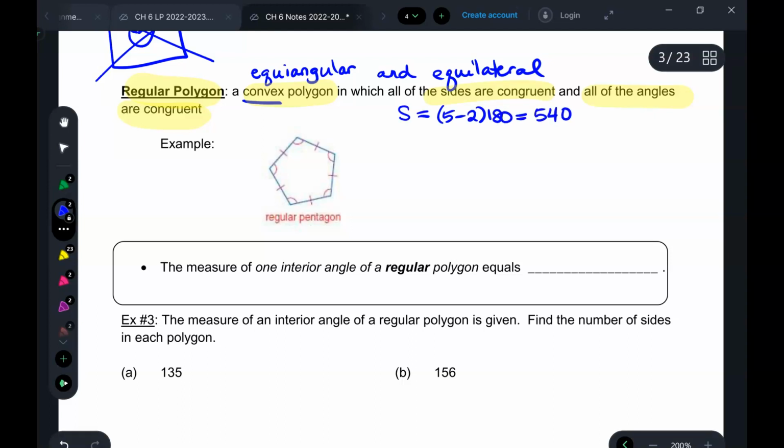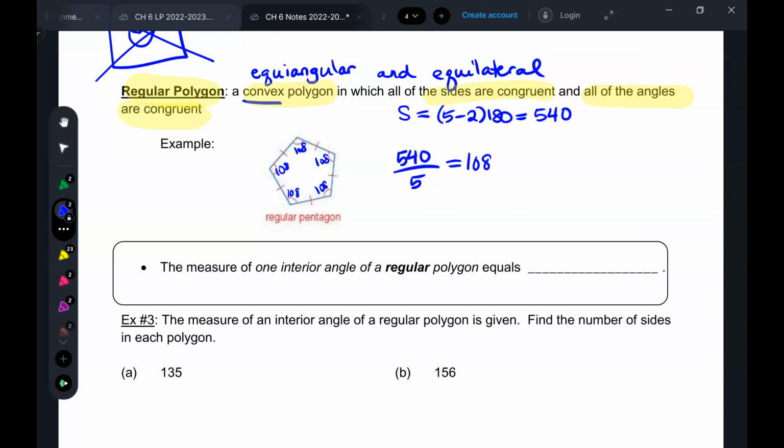All 5 angles have to add up to 540. 5x equals 540, so I take 540 and divide by 5, which is 108. So all of the angles inside here are each 108. If it's regular, they all have to be exactly the same.